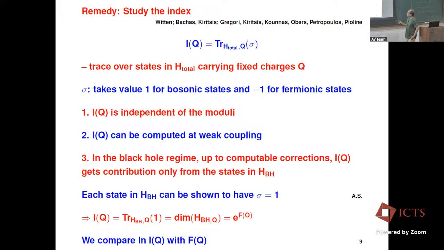In this total Hilbert space, you fix the total charge. That's what it means by trace H total Q. You fix the total charge, so you count only those states which carry a particular charge. And then you take the trace of a Z2 transformation sigma. Sigma essentially takes 1 for bosonic states and -1 for fermionic states.